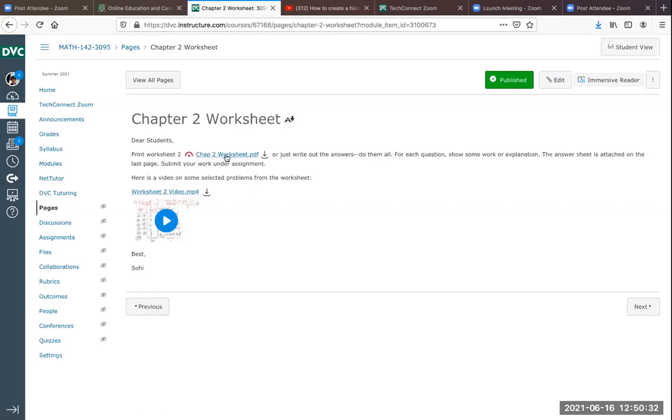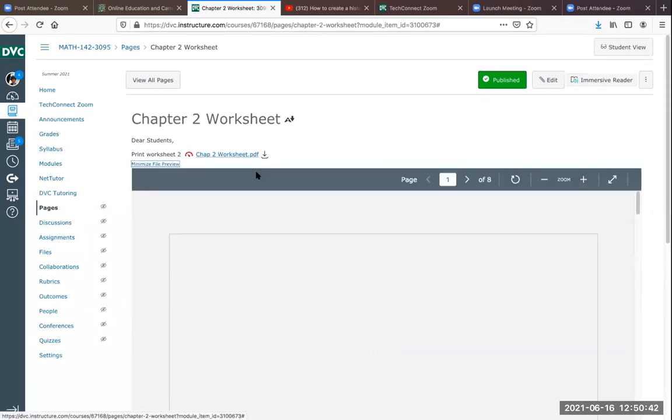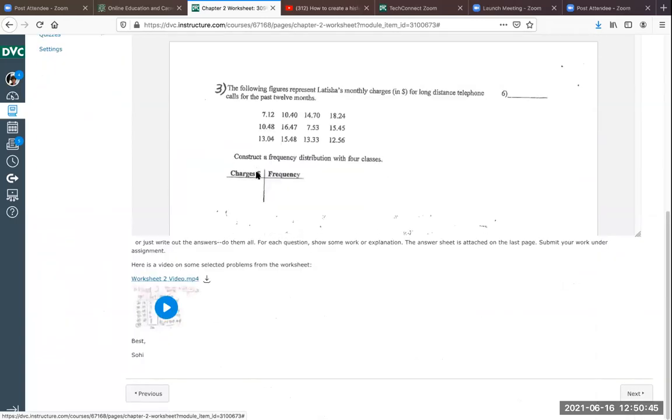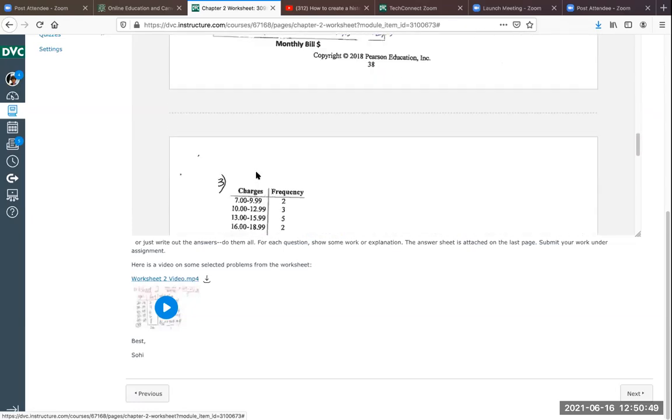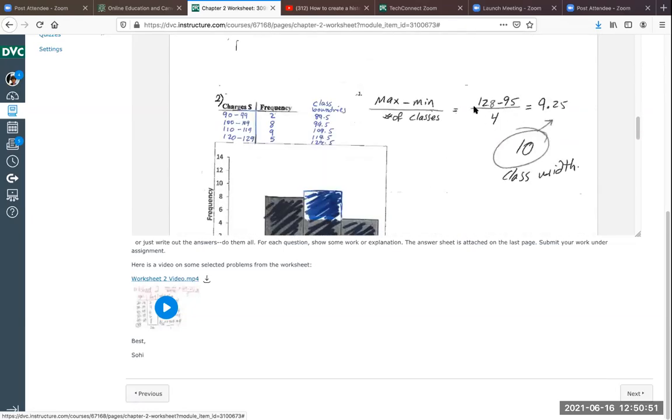So when you're seeing the answer for the chapter 2 worksheet, there is a round up, because I put the PDF, I think the solution for this one, as written answers. So here, I think when you divide it, you get 8 point something, not 9.2 something, but you can always round it up to 10.